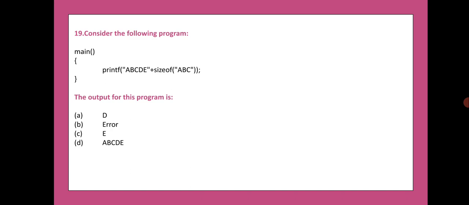So the string "abcde" is an array of characters plus 4. The expression becomes an array of characters starting at index 4. The 0th element is a, the first element is b, the second element is c, the third element is d, and the fourth element is e. Hence it has to print e. So the answer is C.